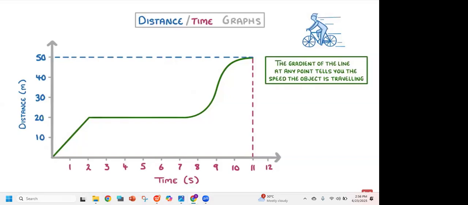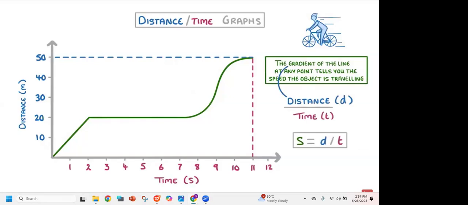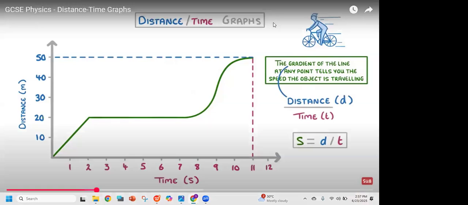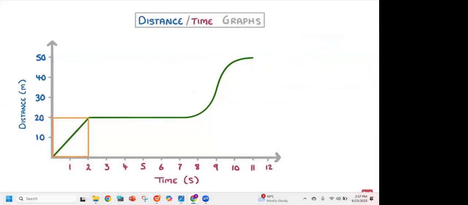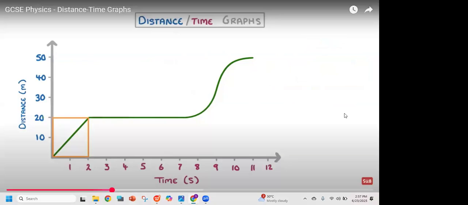This is because the gradient is equal to the change in distance divided by the change in time, which remember is the formula for speed. So just remember that on a distance time graph, the gradient is always equal to the speed. So for this first section, where she travels 20 meters in 2 seconds, the gradient would be 20 divided by 2.